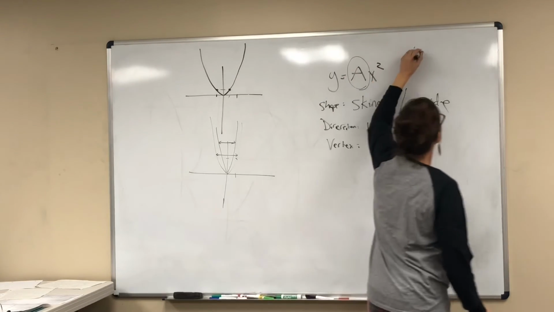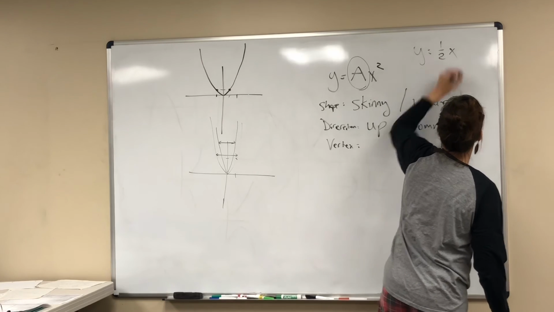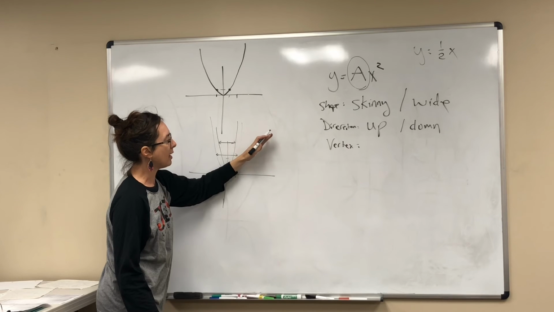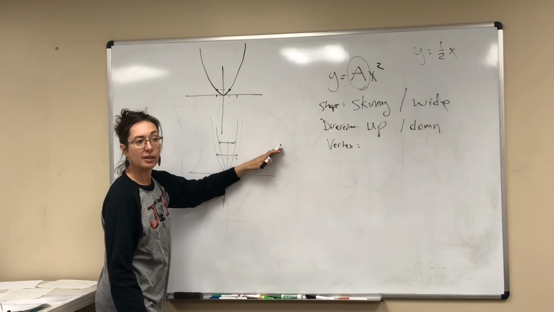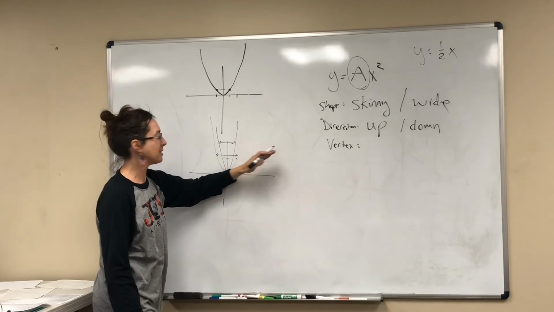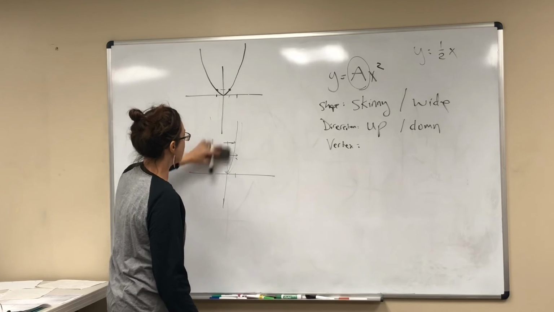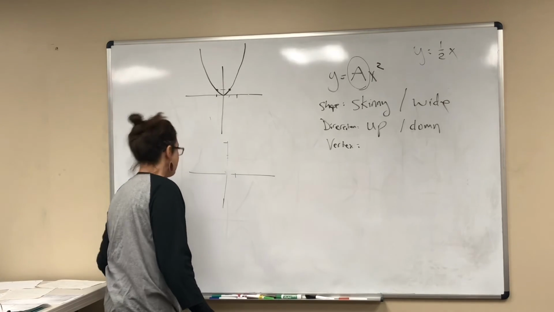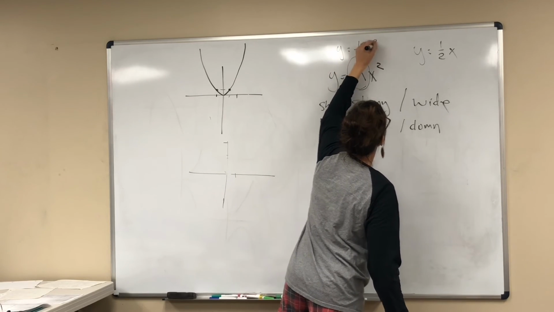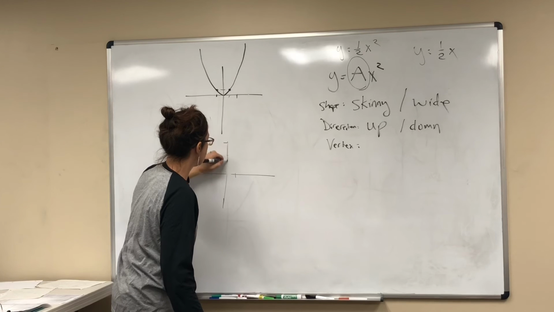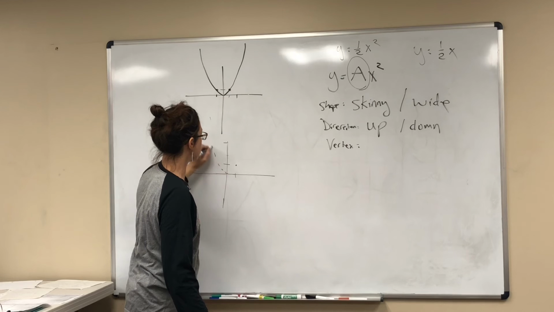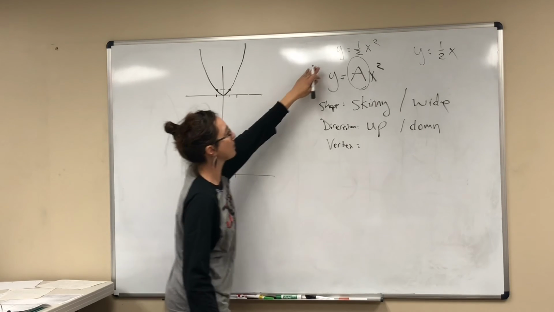In a linear equation, when I had y equals 1/2 x, I started at my 45, and now my slope decreased, so it's a lot shallower, correct? Same with the parabola. So now if I have y equals 1/2 x squared, instead of my first point being at 1, 1, so here's our standard, let's think about this.